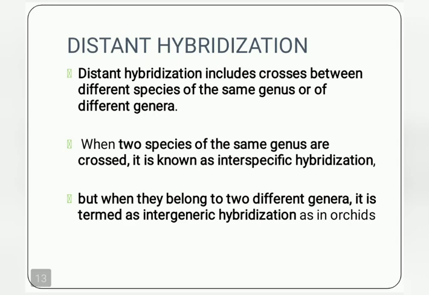For example, the rice variety Oryza sativa crossed with Oryza perennis. Here we are crossing two different species: Oryza sativa is one species and perennis is another species. The genus remains the same. So two different species of the same genus are crossed, and it is called interspecific hybridization or intrageneric hybridization.